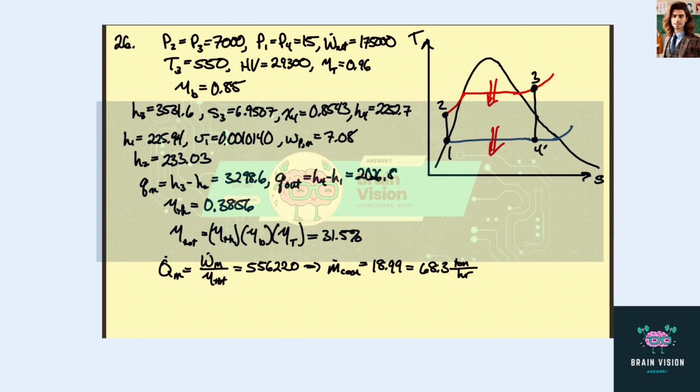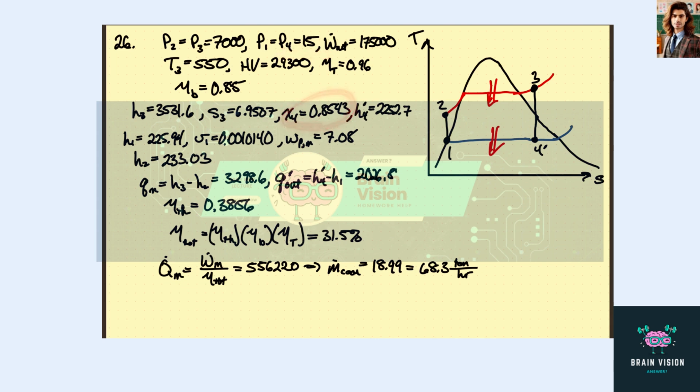It's a different way of going about it than I have in previous problems, but it's good to see different ways of approaching these problems. To make things clear, say this is 4 prime. We can figure out 4 prime because we know S at 4 from S at 3, and we know the pressure at 4.